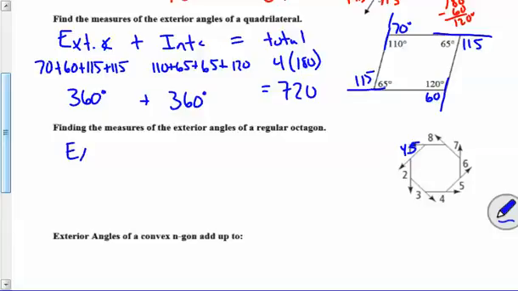So my exterior angles, right, if I have 8 exterior angles, and each of those are worth 45 degrees, I get a total of 360 degrees. Now, if my exterior is 45, my interior must be 135.